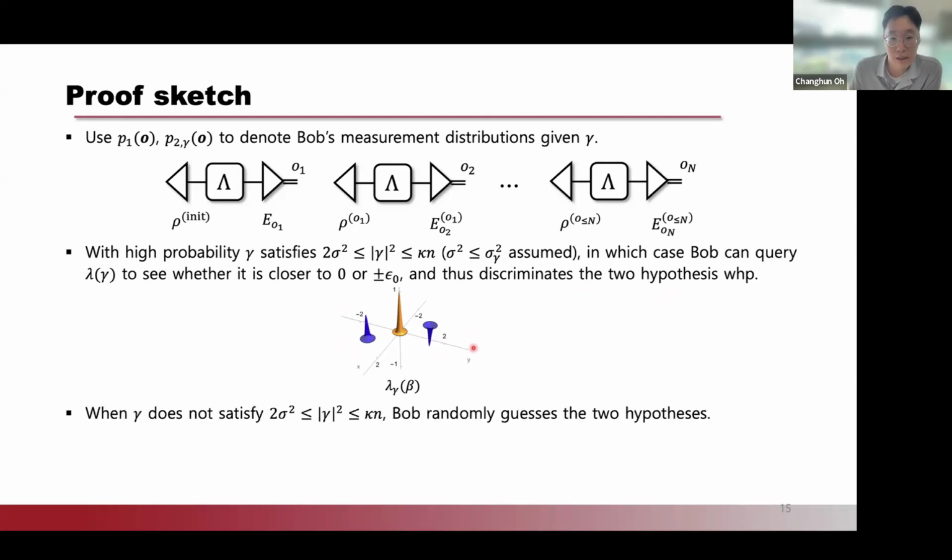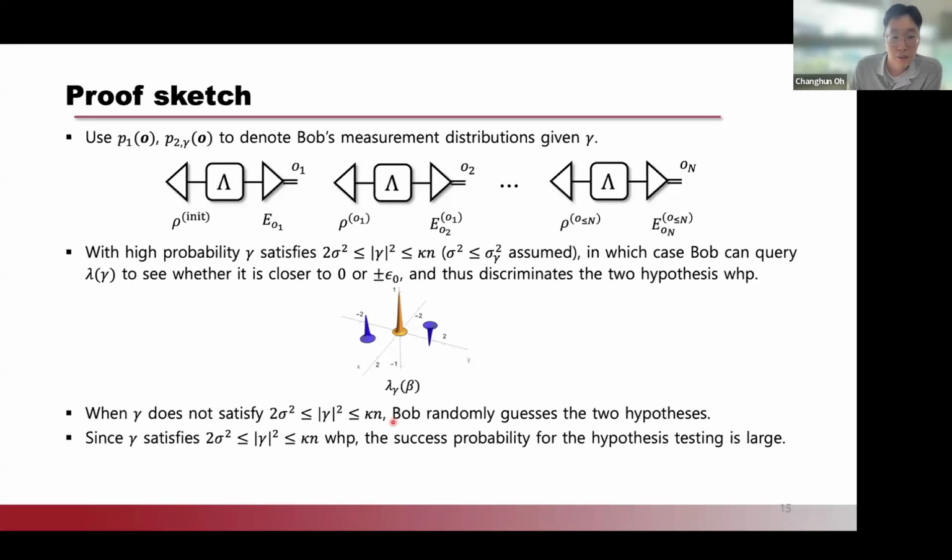Also, if the gamma is too small or too large, Bob simply randomly guesses between the two hypotheses. So he doesn't use his classical information, but that's already enough to succeed with the hypothesis testing, because gamma satisfies the first condition with high probability, which can be shown using the Gaussian distribution's property.